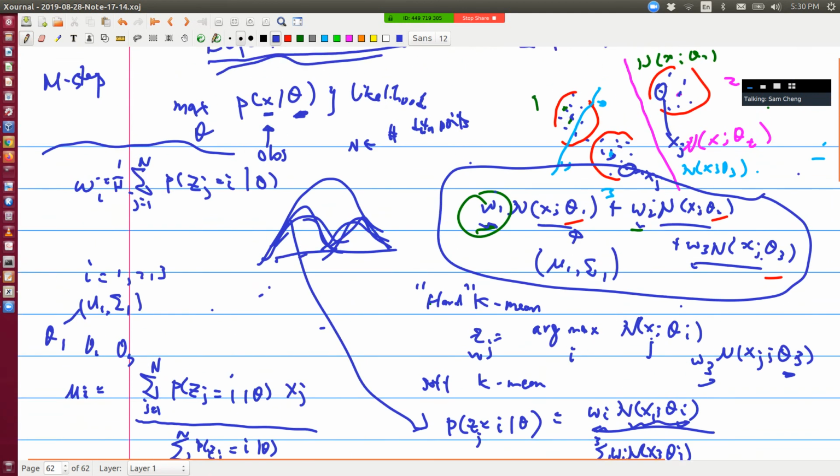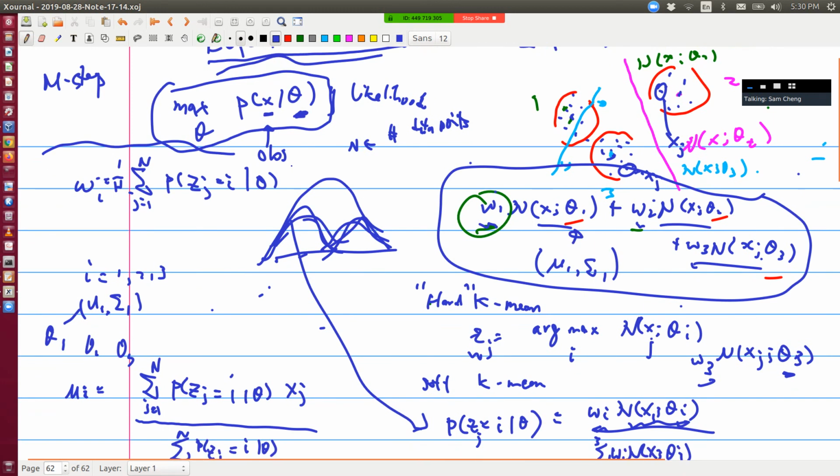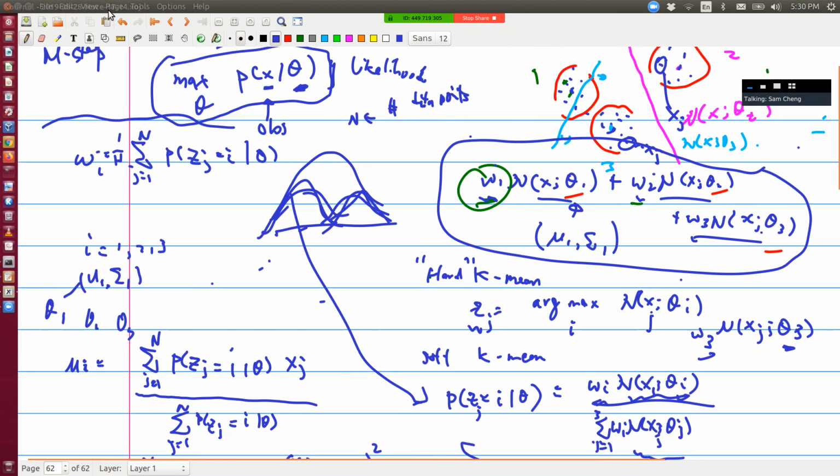EM is more general, in the sense that the original problem targets this way, and it doesn't necessarily have to be a mixture of Gaussians, it can be anything. But essentially the difficulty is again that this expression itself is not easy to write down. So let me start a new page here.